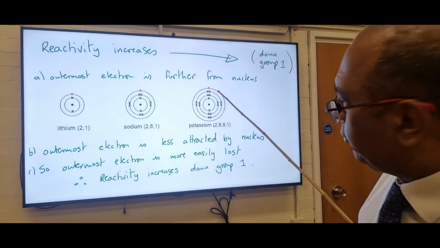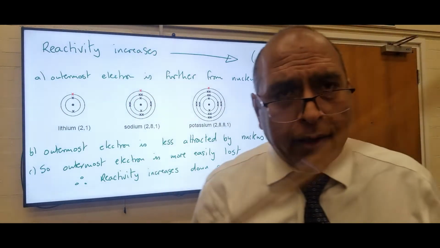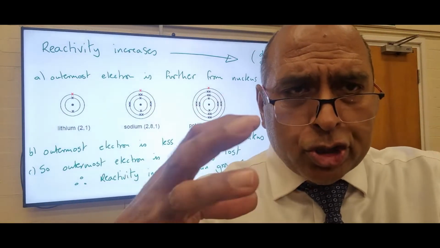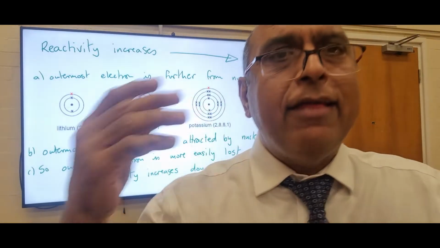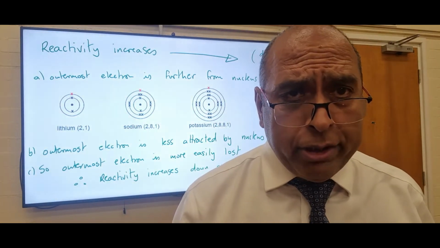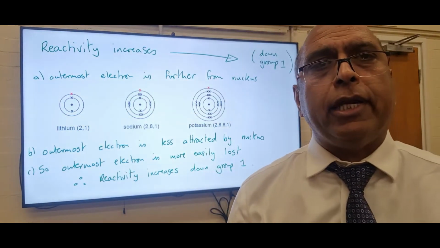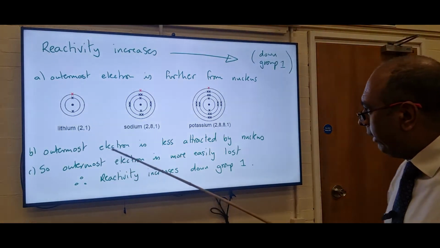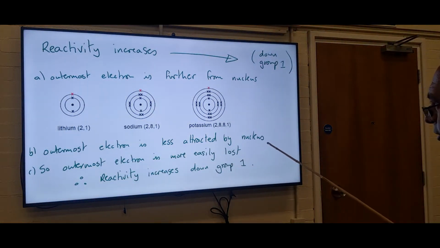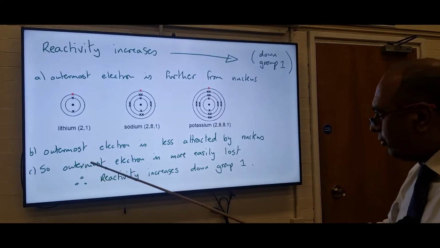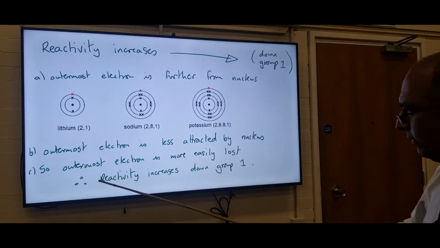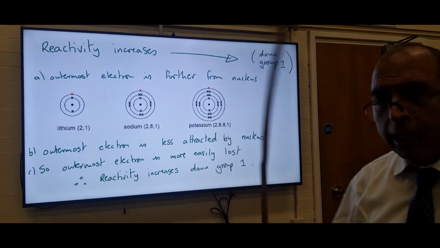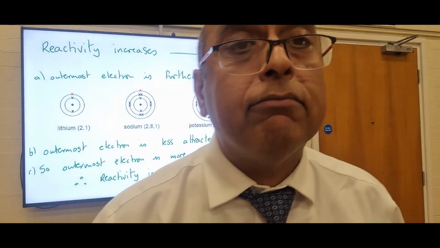With potassium, the electron is further. And if it's further, it's not as strongly held by the nucleus. Therefore, it can be lost more easily. If it's lost more easily, it's more reactive. That's what's going on here. The outer electron is less attracted by the nucleus, so the outer electron is more easily lost, and therefore the reactivity increases down group 1.